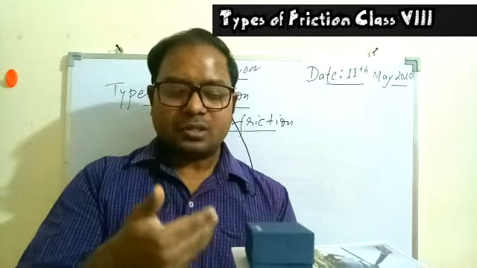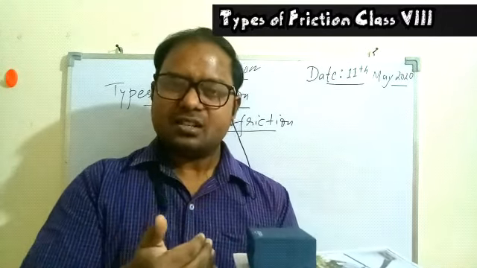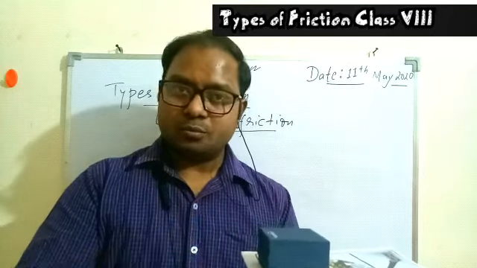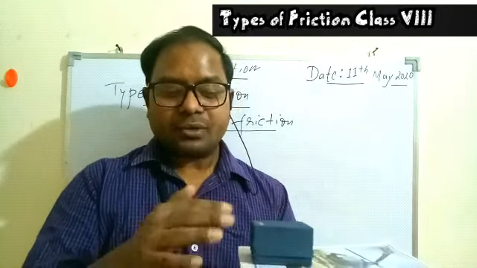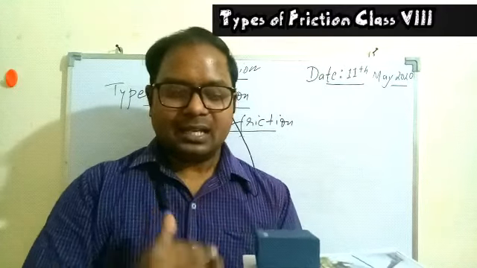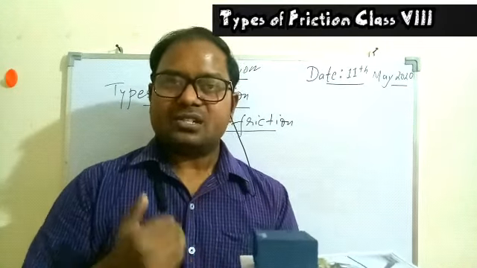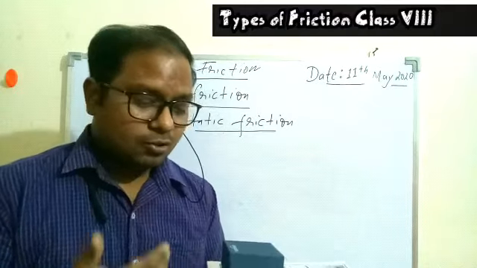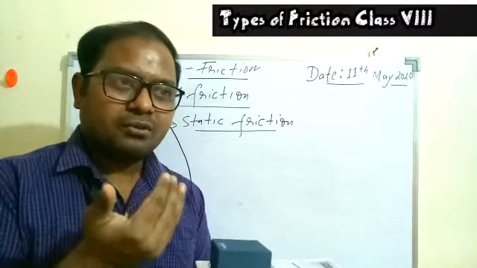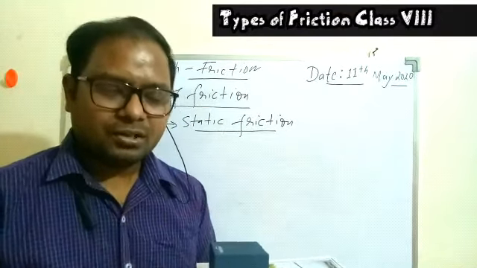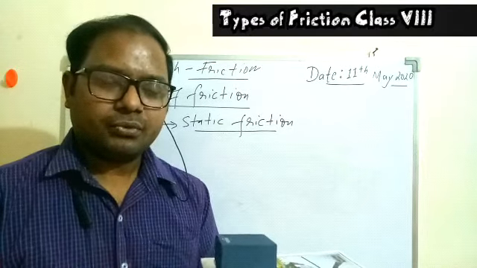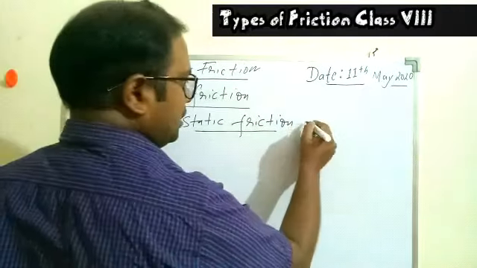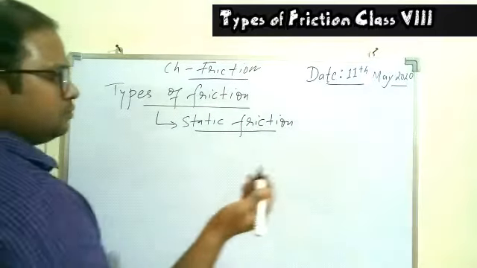But at that time also there is friction between the object and the surface. So the time you start applying force but the object is not moving, there is friction between the surface and the object, and that friction is given the name static friction. Static means stationary, means it is not in motion. So the object remains at rest, but there is friction between the object and the surface, and that is called static friction.